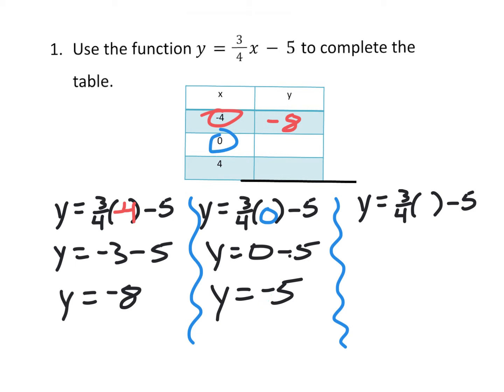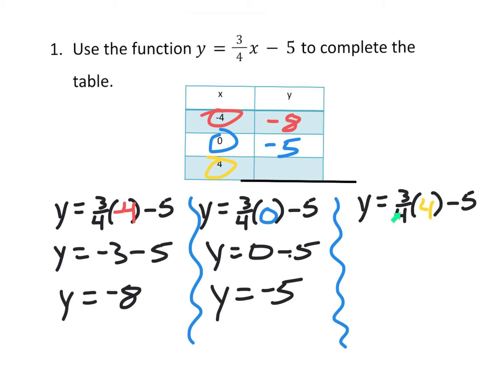All right, and then the last one, we're going to input a 4, and we're going to put it inside the parentheses here. Be sure if you're using a calculator that anytime you input a number into the function that you put the input value inside parentheses, okay?